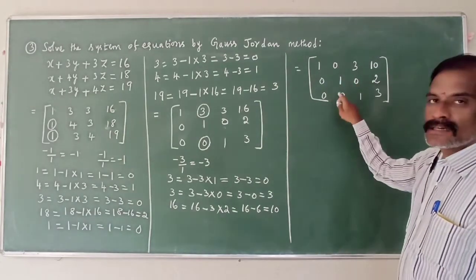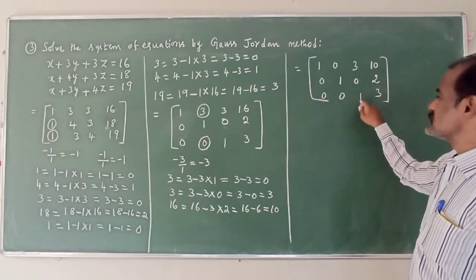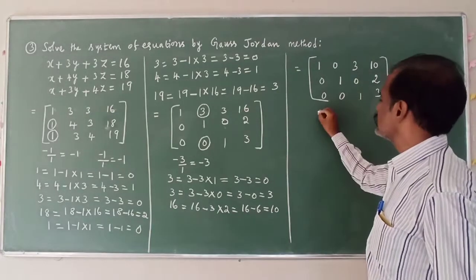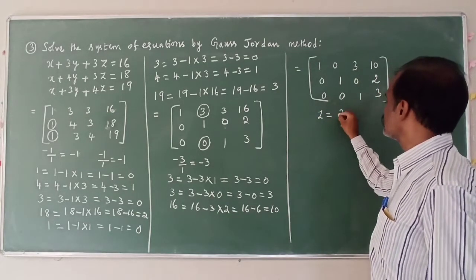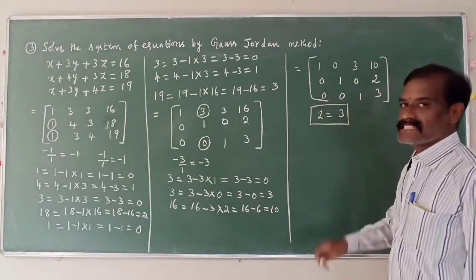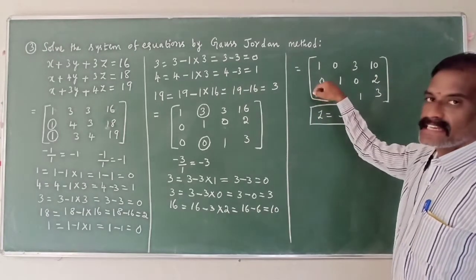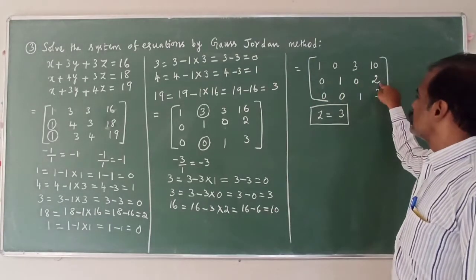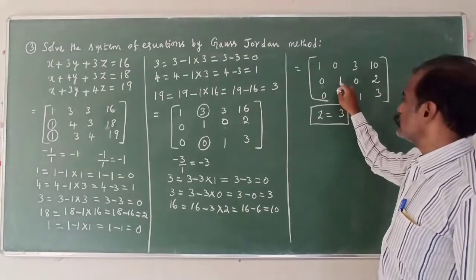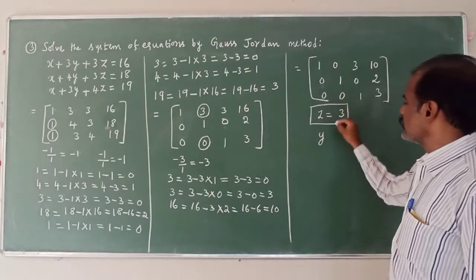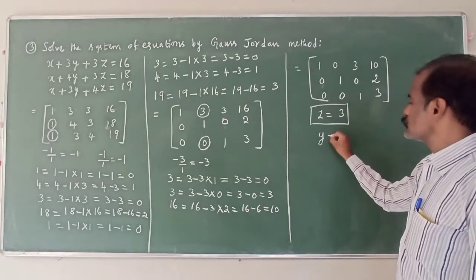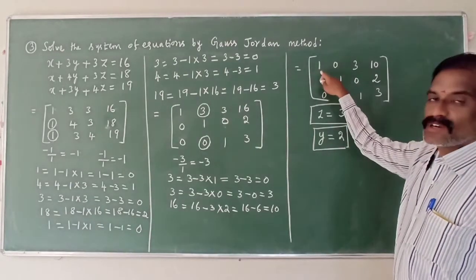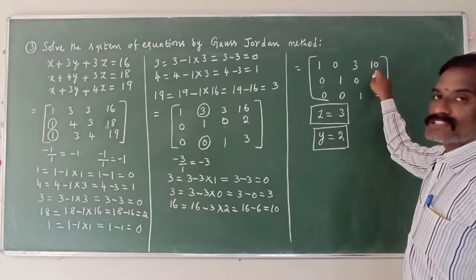First we take the third equation: x, y, z equal to 3. Here the x value and y value are 0, and z is 3. So the z value is 3. Then the second equation: here x value is 0 and z value is also 0, so y equal to 2. Next, equation number 1: x plus 3z equal to 10.